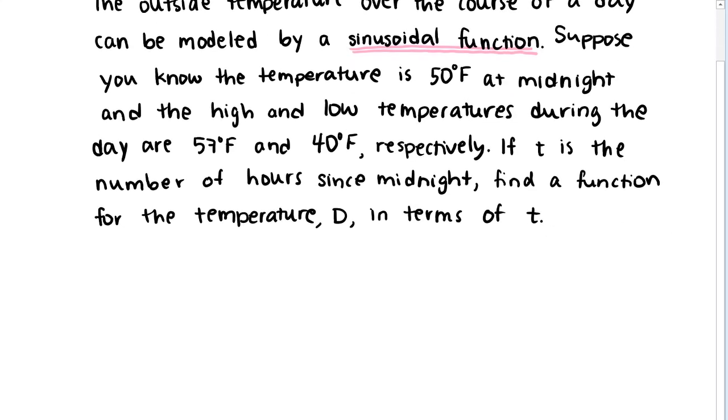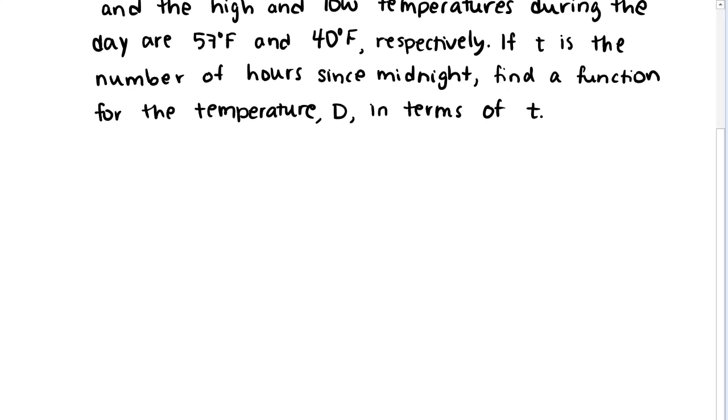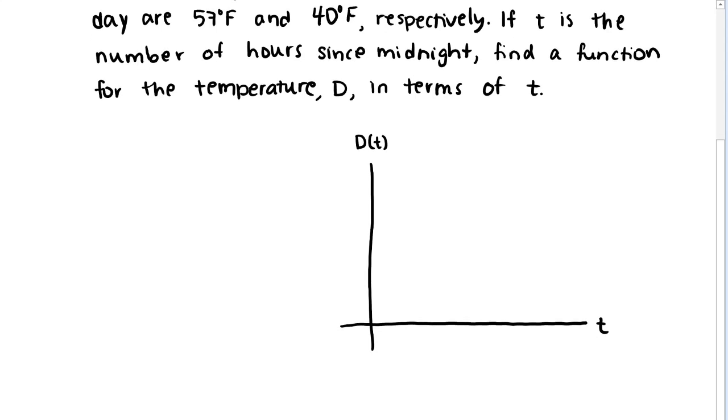Here, maybe I'll start drawing a graph to work with. If this axis corresponds to t and this axis corresponds to our temperatures, I imagine starting here when t is equal to 0 at midnight, that's what 0 represents, the number of hours since midnight.